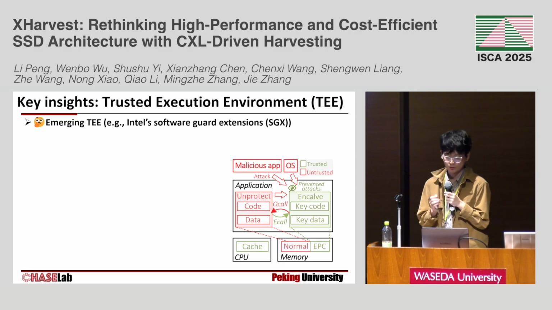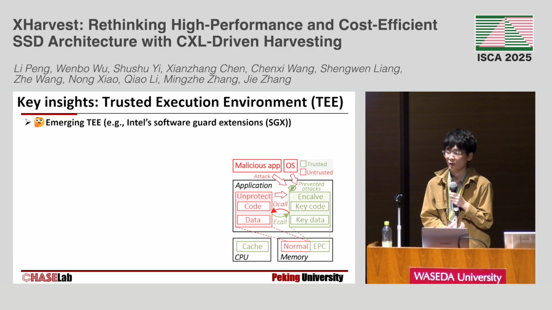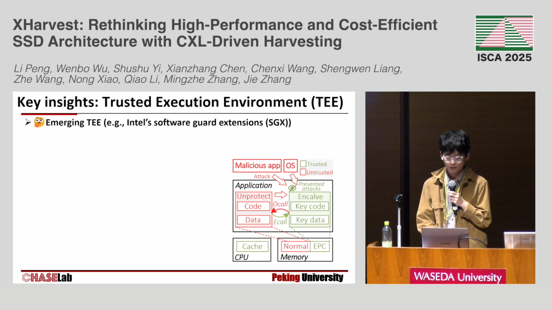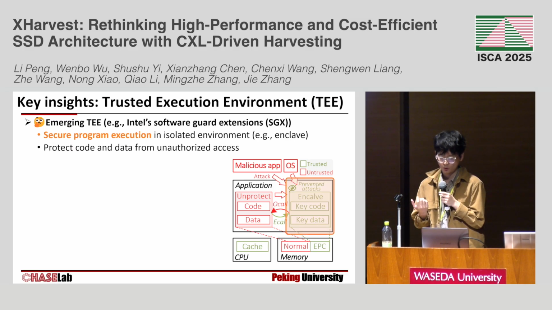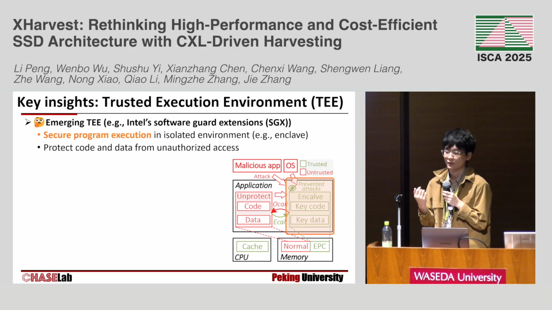TEE techniques such as Intel SGX offer a promising solution to the firmware leakage risk. TEE enables secure program execution in an isolated environment like an enclave on the host.